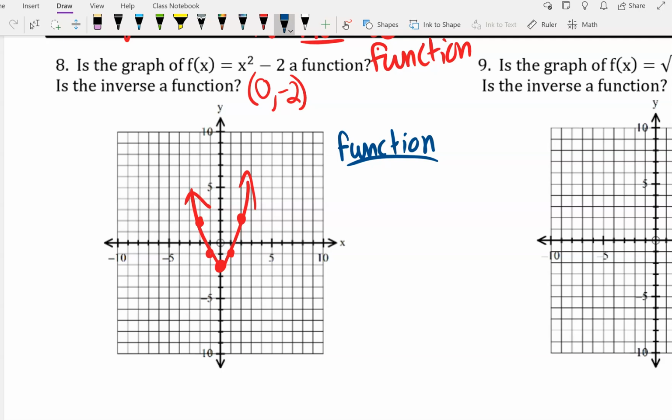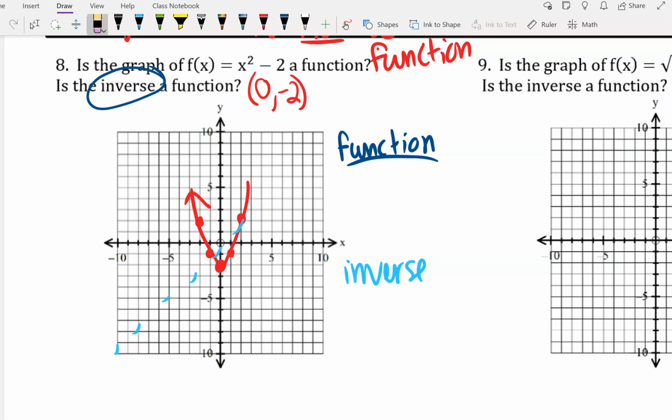And then it also asks, is the inverse a function? Well, let's picture what the inverse would look like. The inverse would be reflected over the line y equals x. It's going to be sideways. Now this isn't a good sketch, but it would be reflected over the line y equals x, so it's going to be turned sideways.